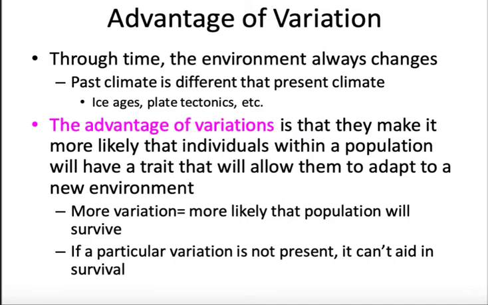Now, having a bell curve for a trait is actually usually pretty beneficial for the population. We need to acknowledge that through the history of Earth, through all time, environments are always changing. They're changing all the time. There's climate change. There's solar cycles. There's sea level changes. There are ice ages. And so past climates are always different than present climates.